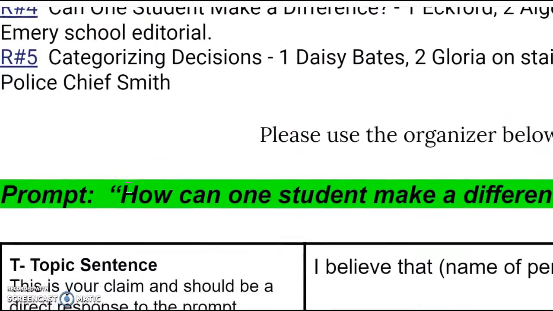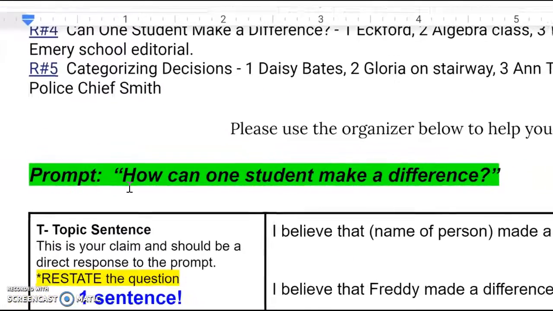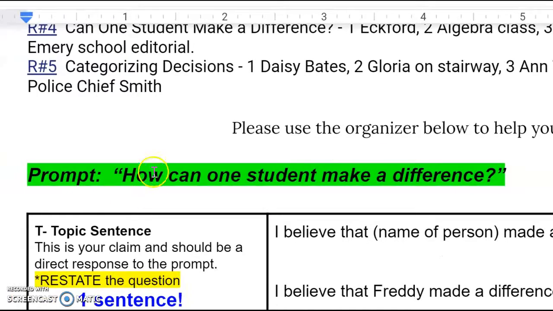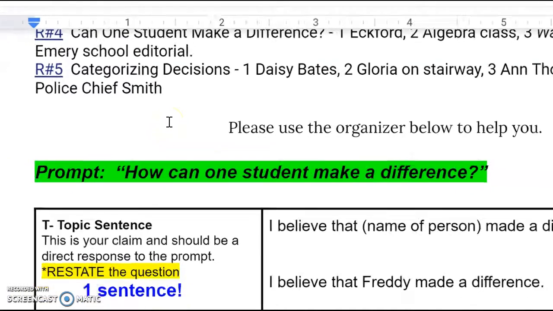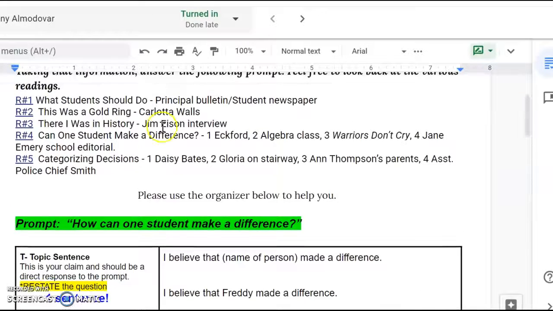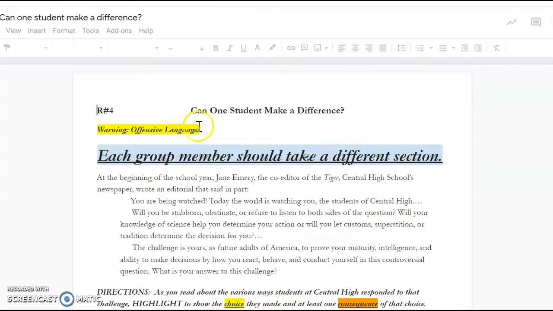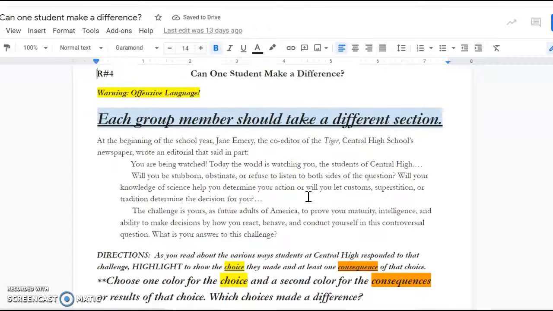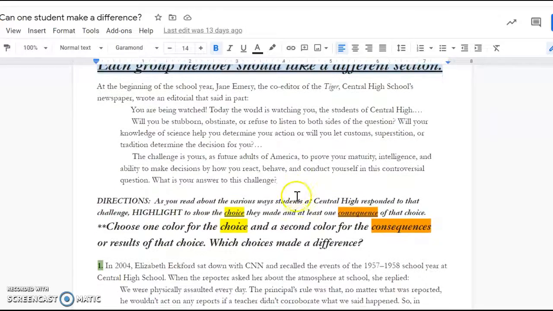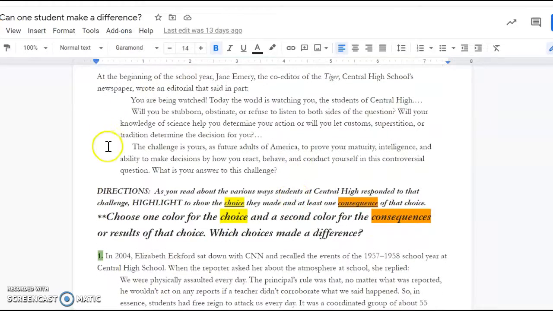How can one student make a difference? There we go. So I'm looking for how a student made a difference. I know that Reading 4 has a lot of good readings within it. So I'm going to click on Reading 4, pull up that document. There are 4 different sections. There's an introduction there.